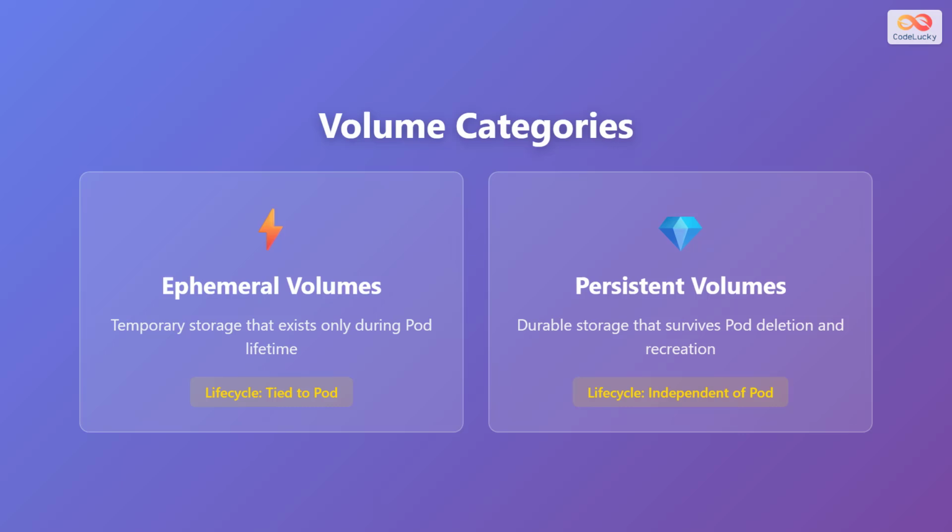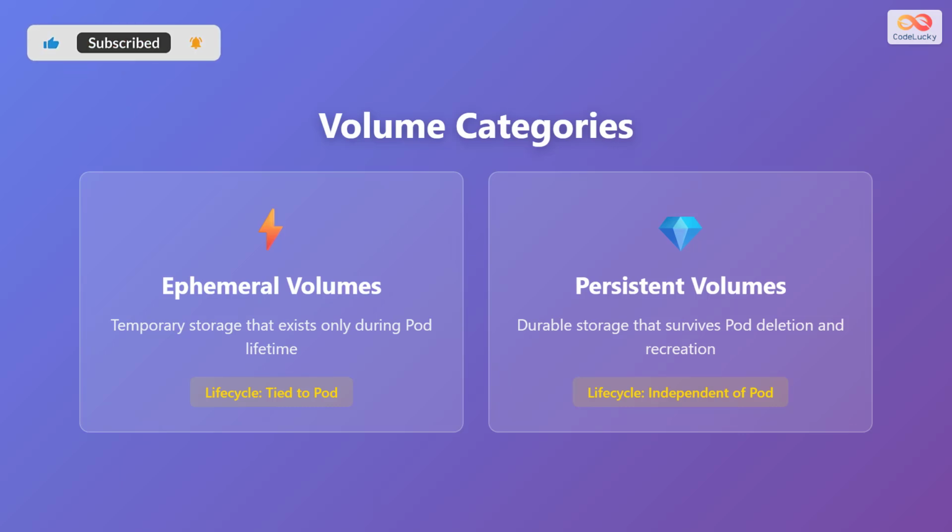Kubernetes volumes fall into two main categories. First, we have ephemeral volumes. These provide temporary storage that exists only during the pod's lifetime. When the pod is deleted, the ephemeral volume and all its data are also removed. Ephemeral volumes are perfect for cache data, temporary processing files, or any data that doesn't need to outlive the pod. Second, we have persistent volumes.